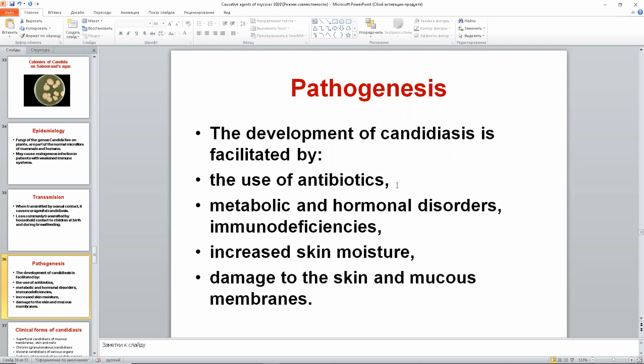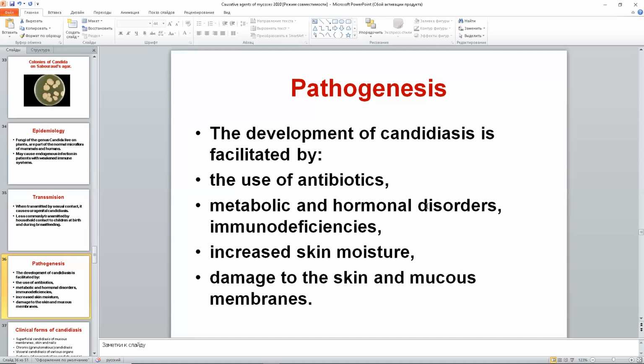Candida did multiply a lot, in children very often, and so we did realize the side effects of treatment with antibiotics, and then we did detect other side effects of this therapy by antibiotics.